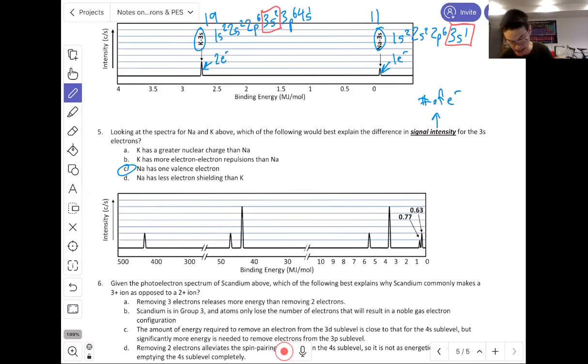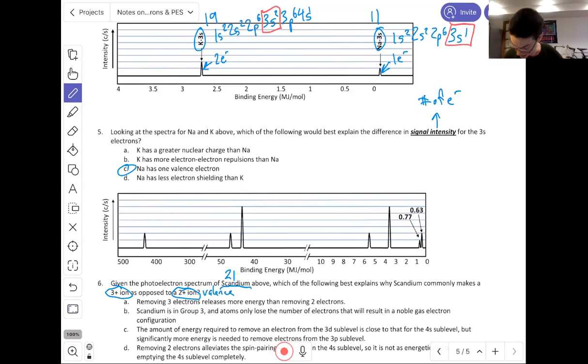Okay, so looking at 6 here, I've got this whole big thing, and this tells me this is scandium, which I'll tell you is element 21. And it says, why does scandium make a 3+ ion instead of a 2+ ion? And this is related to the valence electrons.